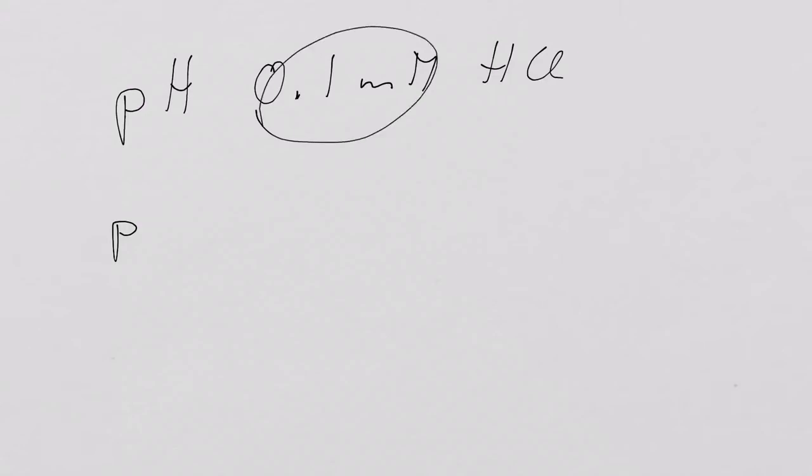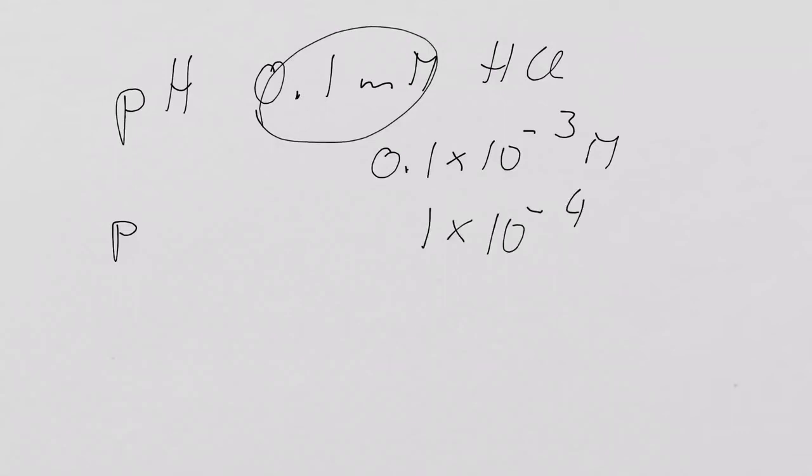We have to convert that again. 0.1 times 10 to the minus 3 molar, that's 1 times 10 to the minus 4. Is that right? Yeah. So the pH would be 4. Wonderful. No problem. Easy.